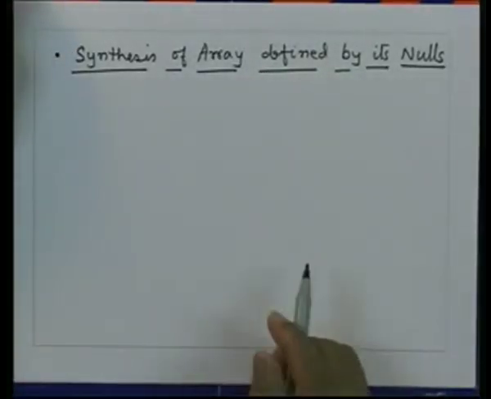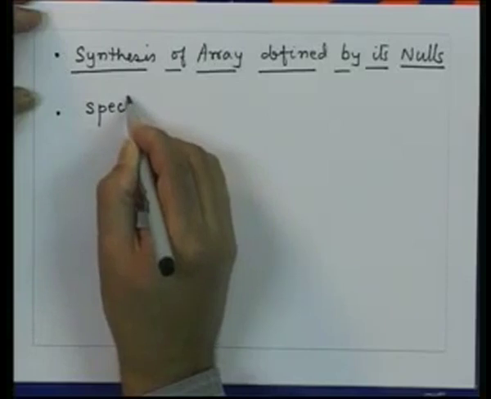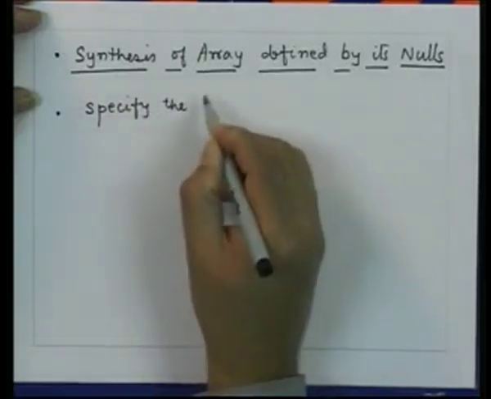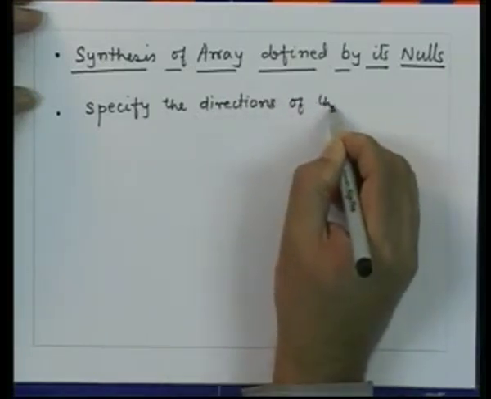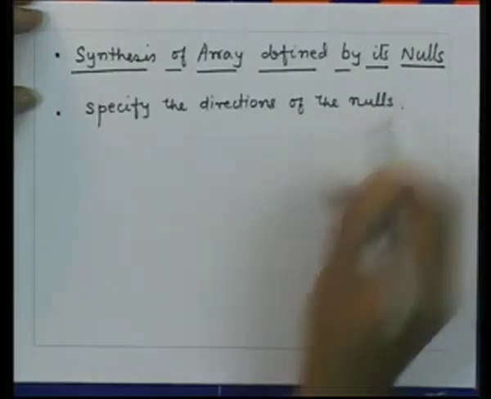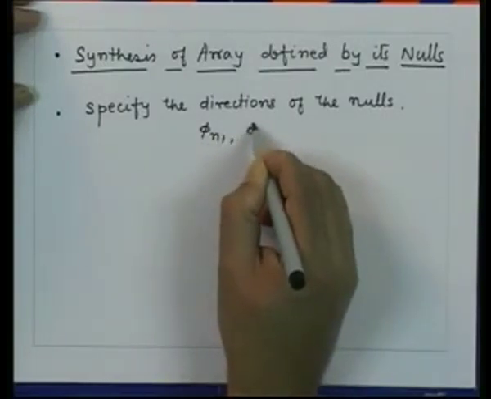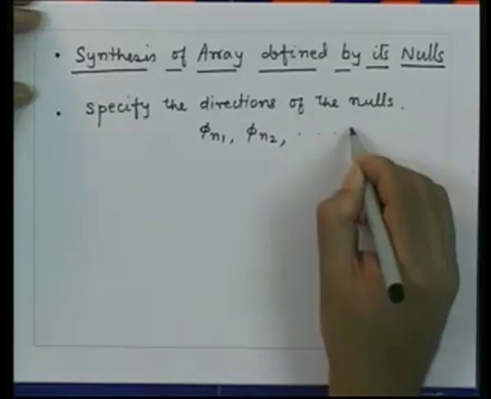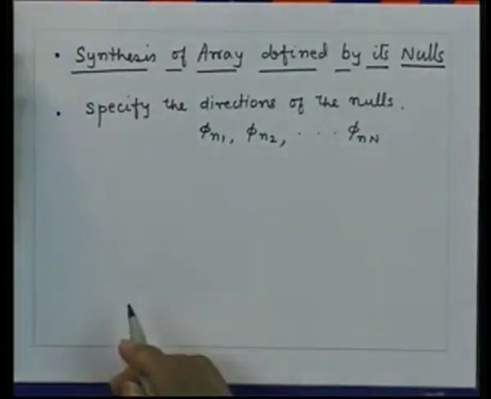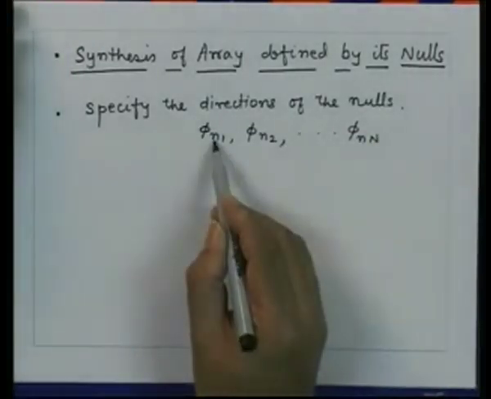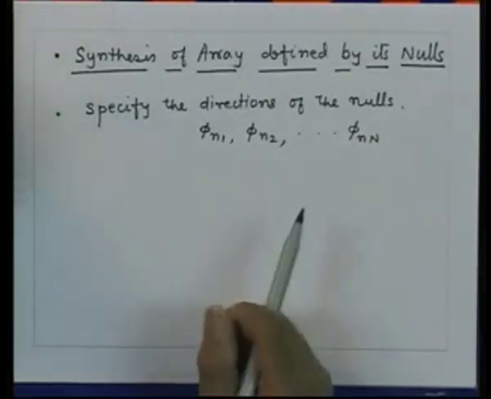So, now the steps involved will be as follows. First, specify the directions of the nulls. Let us say they are given by phi n1, phi n2 and so on up to phi nN, where small n represents the null and 1, 2, 3 up to capital N represent the number of nulls in the radiation pattern.